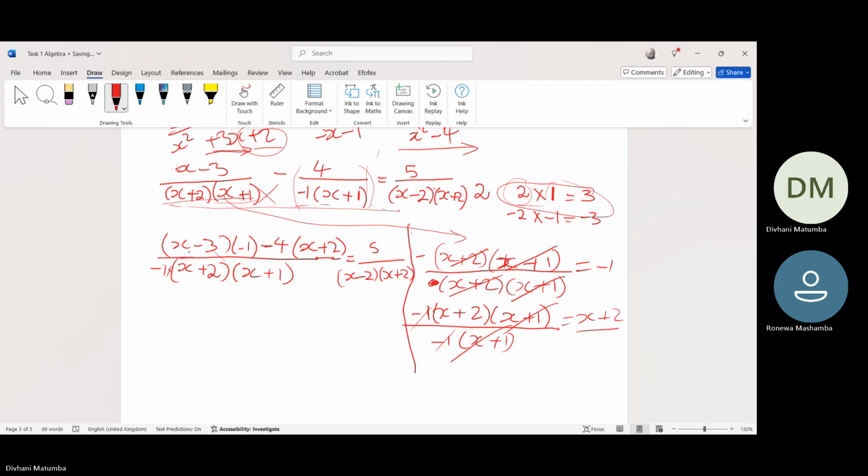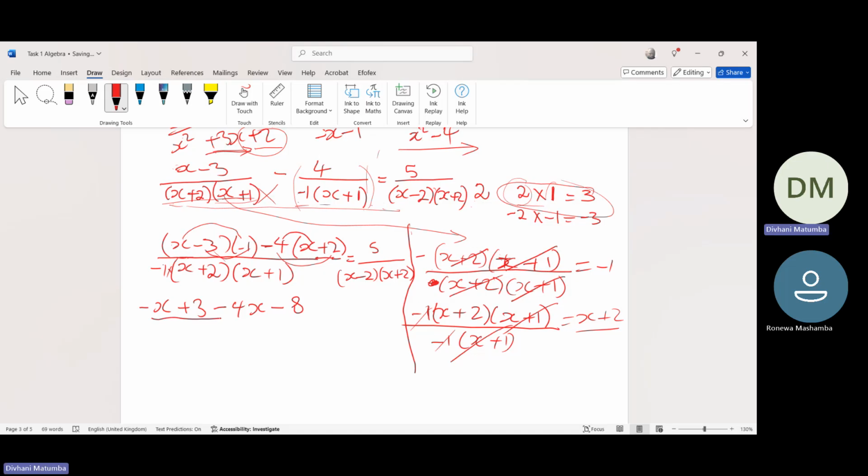Okay, let's see what we have here. We will have a minus x plus 3. You agree? And then minus 4x minus 8. This is coming from 4 times x, minus 4 times x, and minus 4 times positive 2.